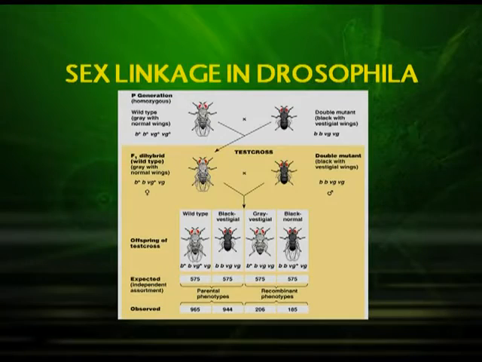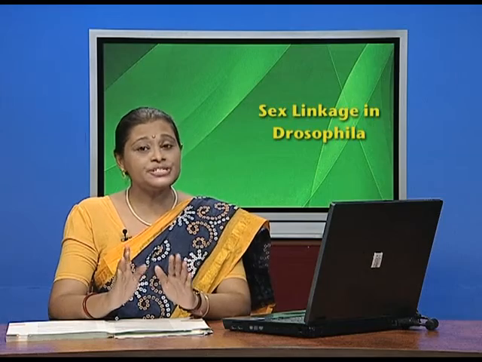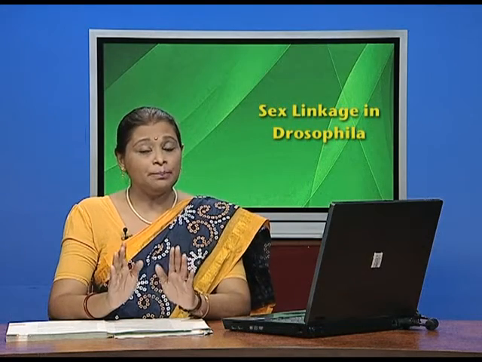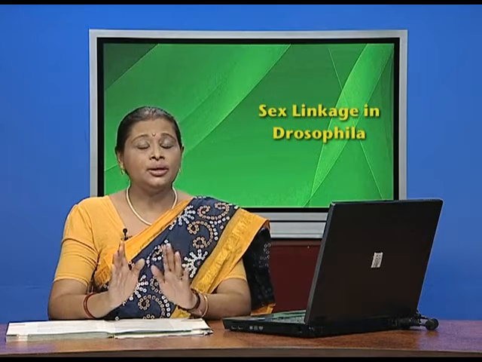Now with the help of the following cross, let us understand linkage in Drosophila, which was performed by Morgan. This was a cross made by Morgan using two types of alleles. The female had a grey body with normal wings. He crossed it with a male Drosophila which was a double mutant with black color and vestigial wings.